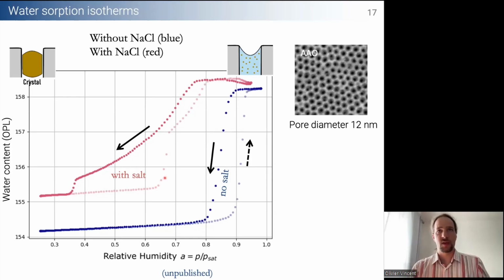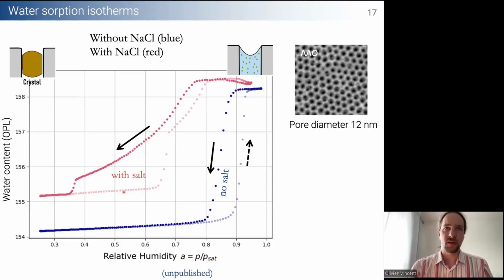And the interesting thing here is that it is known that when you take a bulk salt crystal and increase the relative humidity, there's a critical humidity at which it will start absorbing the water around and spontaneously dissolving from the water vapor in the atmosphere. And for NaCl that we used here, it's about 75% relative humidity.